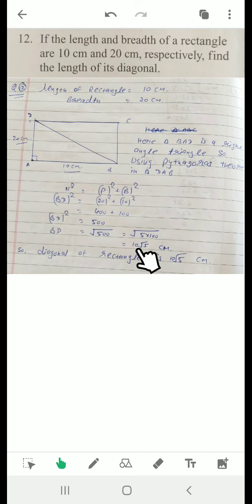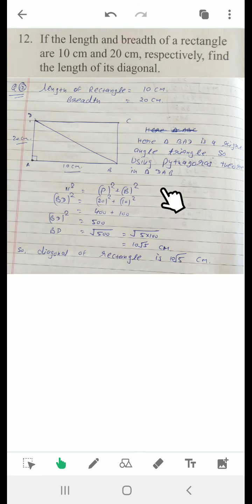The 500 can be written as 5 multiply 100. The square root of 100 is 10, and 5 will remain inside the square root only. So I can write 10 under root 5 centimeter. So the diagonal of the rectangle is 10 root 5 centimeter.